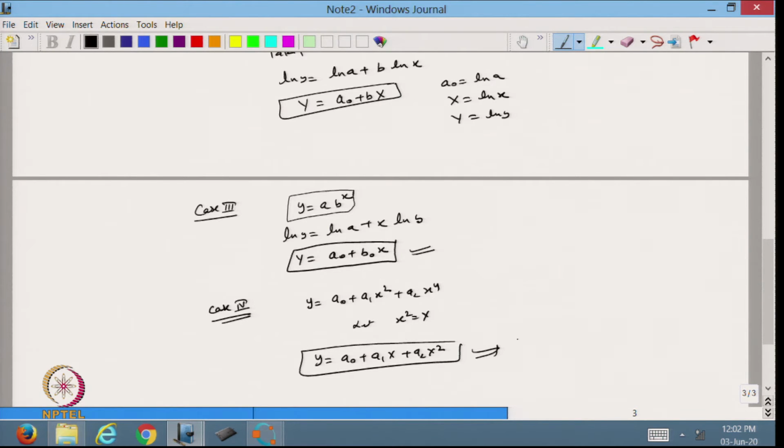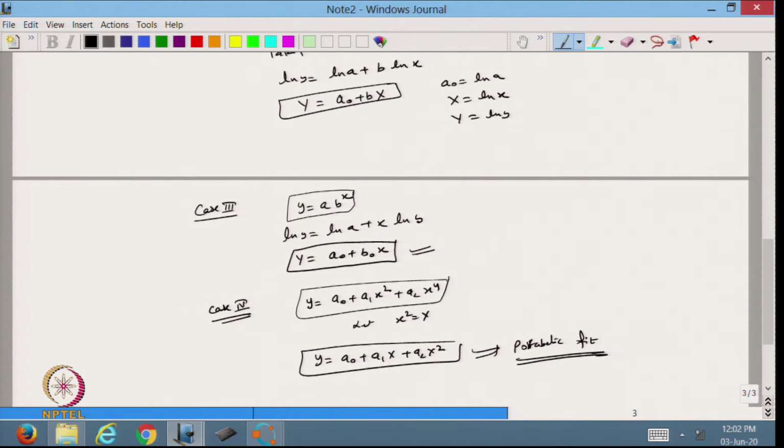So, this is a parabolic fit, and we have also discussed how we can approximate this parabolic function, and based on this I can find the values of a0, a1 and a2, and then I can approximate this function.